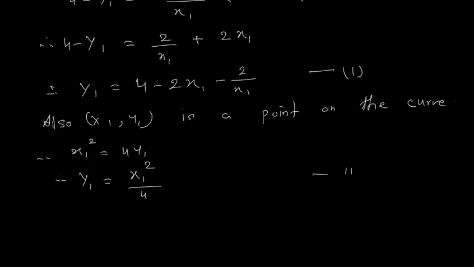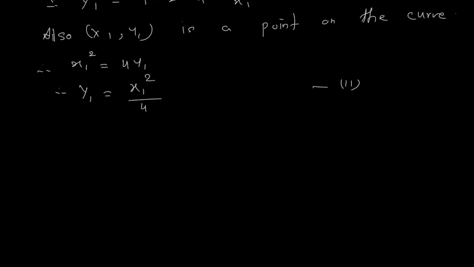Now if you use equations 1 and 2, in place of y1 you can write 4 minus 2x1 minus 2 upon x1, this is equal to x1 square divided by 4. Now here I have x1 in the denominator, here I have 4 in the denominator, the LCM of these denominators is 4x1, so I multiply each term by 4x1.